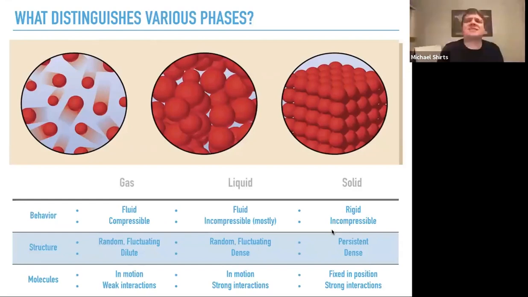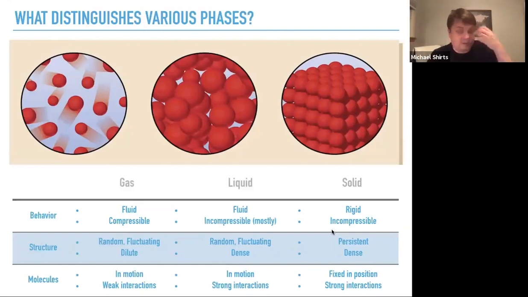Its structure is that the gas molecules are random, fluctuating, and very dilute. You don't have very many gas molecules per volume of space. And the molecules are in motion, and we know they have very weak interactions. In fact, we can model them pretty well by saying they have no interactions whatsoever. The van der Waals gas model starts to bring in the fact that they might have some weak interactions attracting each other.